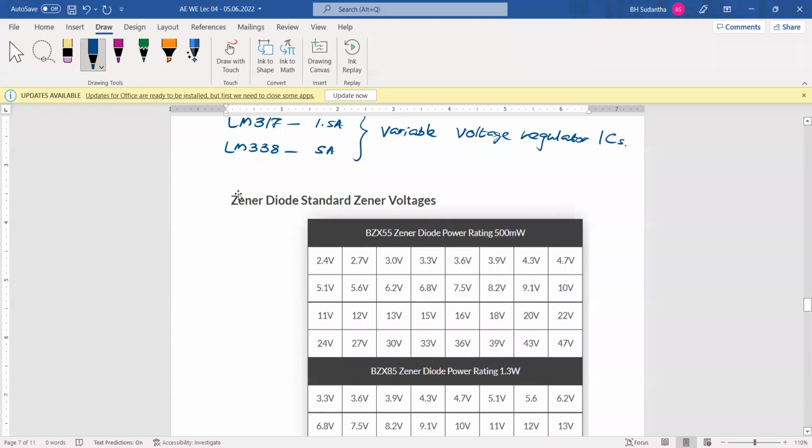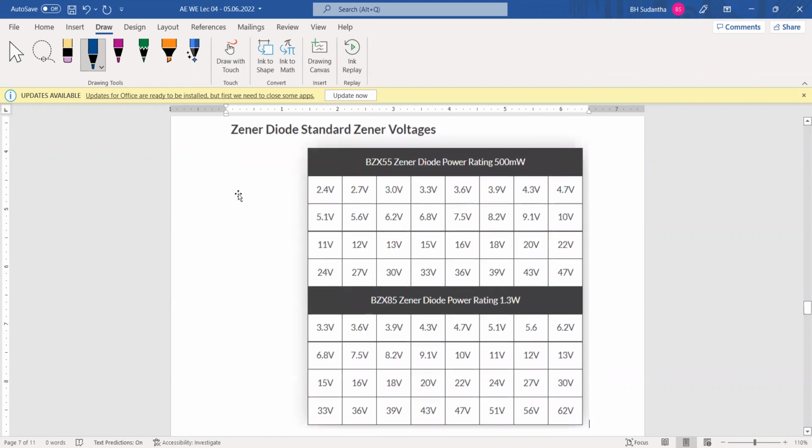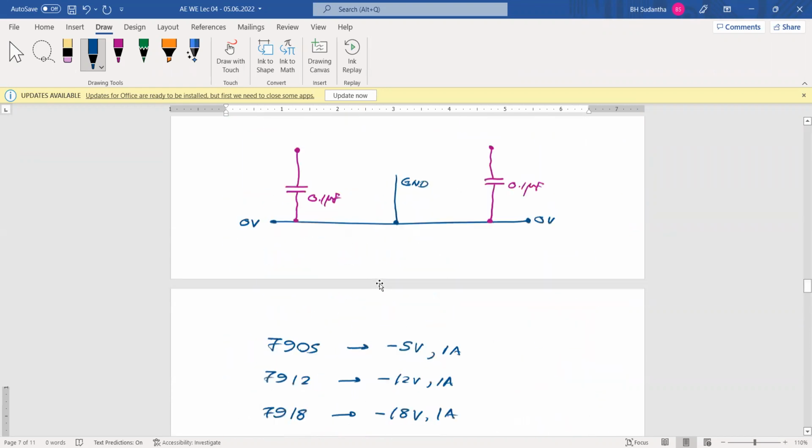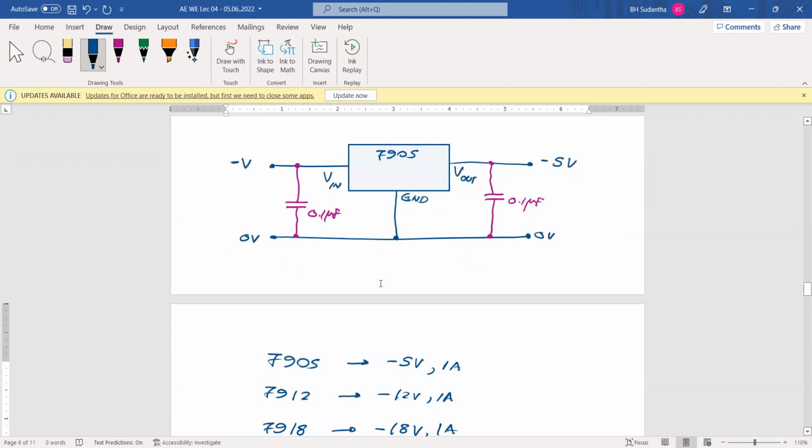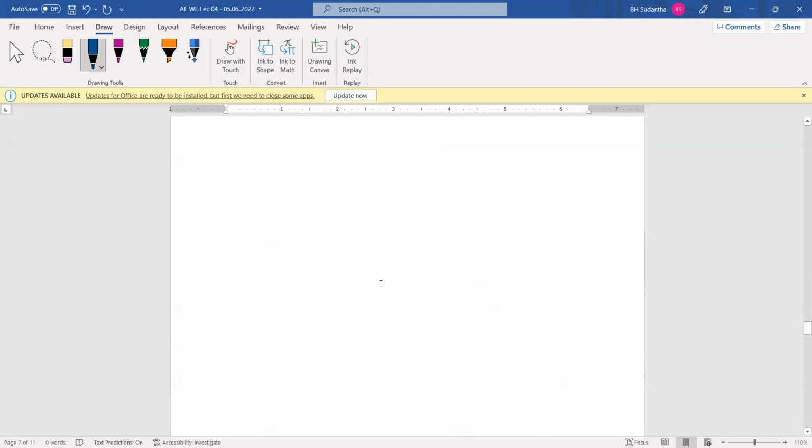Those things will not come in your examination, so there is no problem. It is not necessary to remember these things by heart. These are the available Zener voltages, and we cannot have different types of voltages. These are the standard Zener voltages. Any question? Anything?